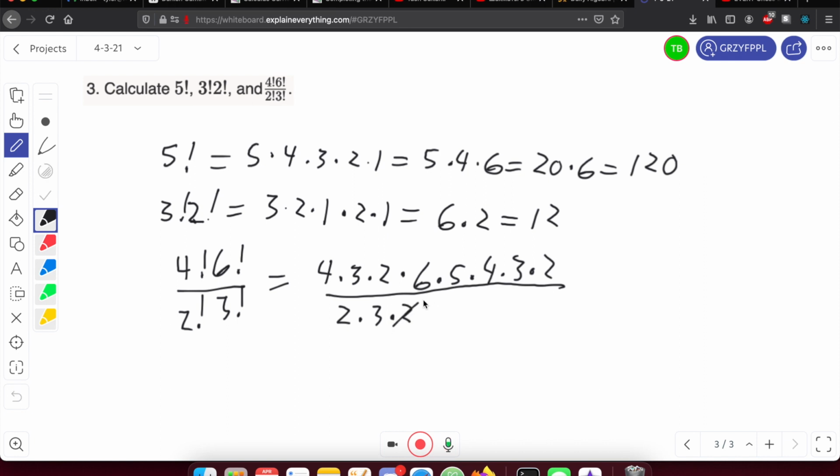Since we're dividing, we can cancel out certain terms here. So 2, 3, and 2, which leaves us with 4 times 3 times 6 times 5 times 4. And when we multiply all this out, we will find that this equals 1,440.